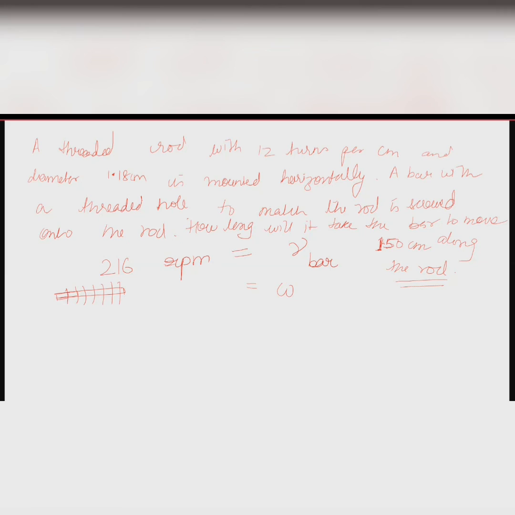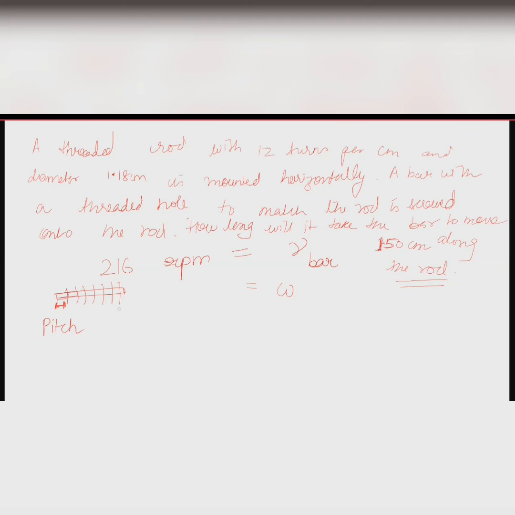What do we call the distance between two consecutive threads of a screw? We have studied it in screw gauge. Pitch. Correct. It is called the pitch of the screw.